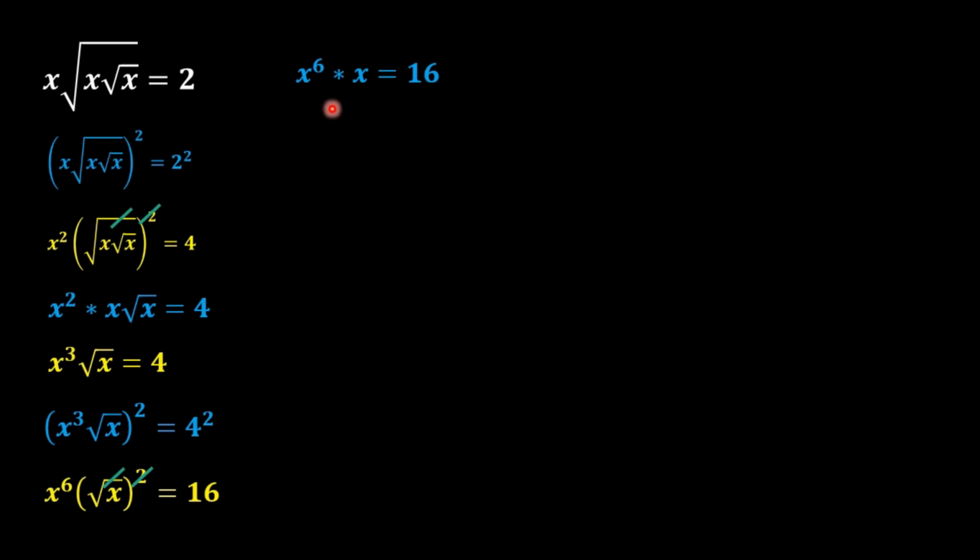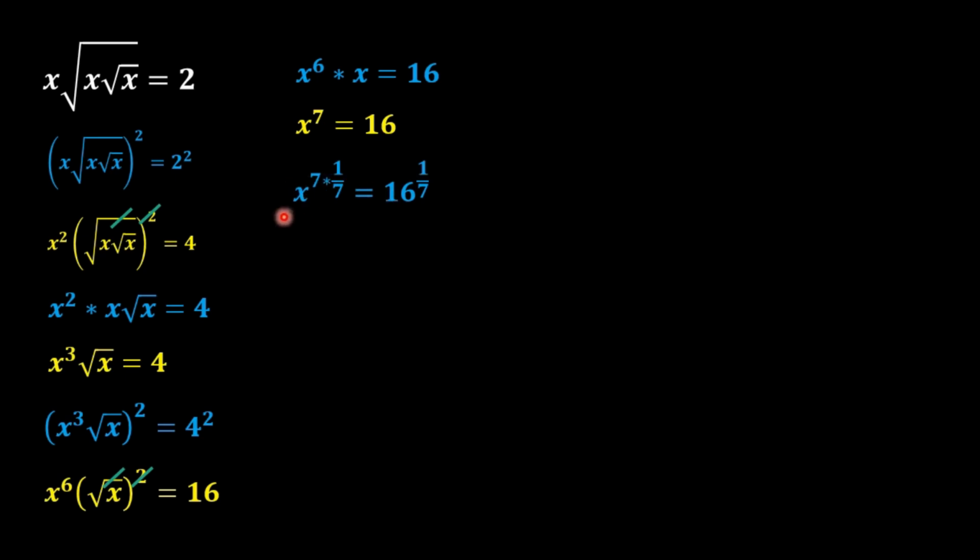Now from the basic rule of algebra, if the bases are in multiplication and have the same value, then their powers can add up together. So 6 plus 1 will be equal to 7, so x to power 7 equal to 16 will remain same. Now in order to remove this power 7, we should apply power 1 over 7 on both sides of the equation.